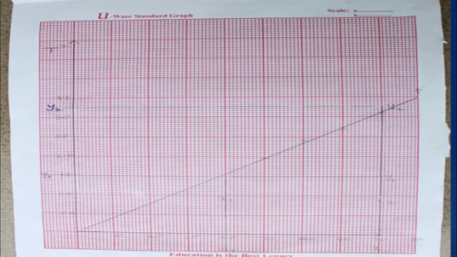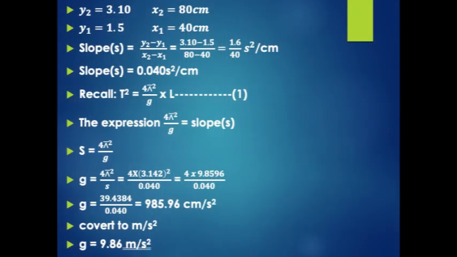You calculate your slope. Use your y2 minus y1 all over x2 minus x1, as you can see. So this will assist you in plotting the graph very well and calculating the value of g.